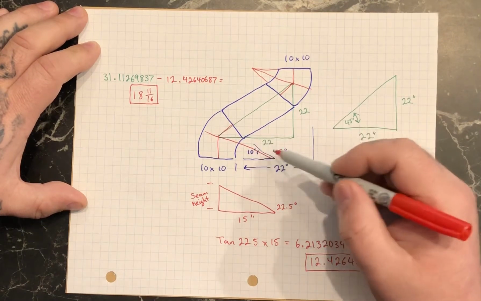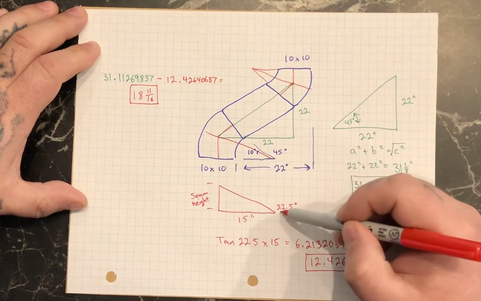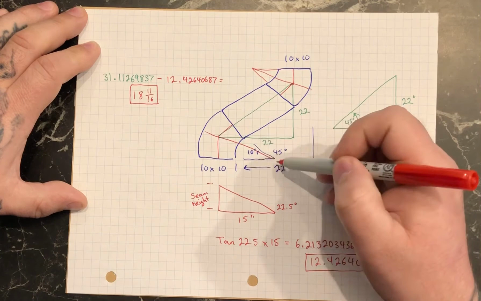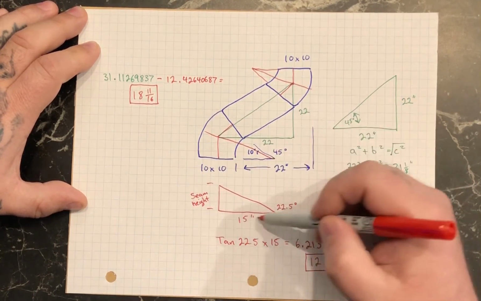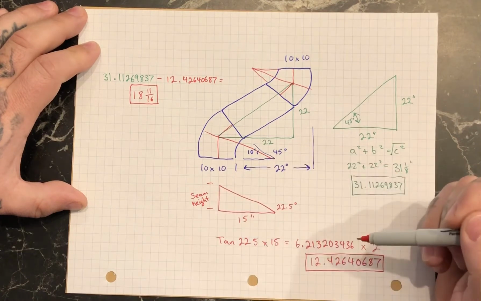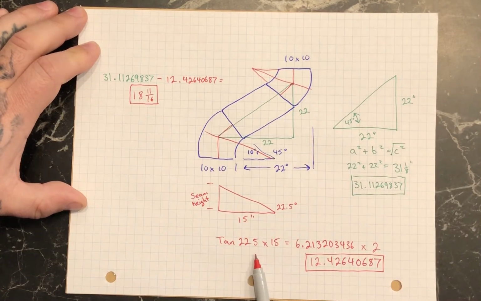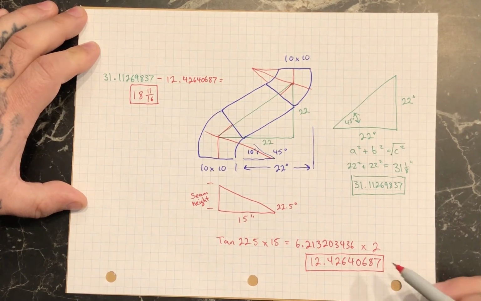If it's a 45 degree elbow, half of that is going to be 22.5 degrees. From the 10-inch throat radius to the middle of it, it's going to be 15 inches, and that'll give us the seam height here. So tan 22.5 times 15 gives us 6.213203436.